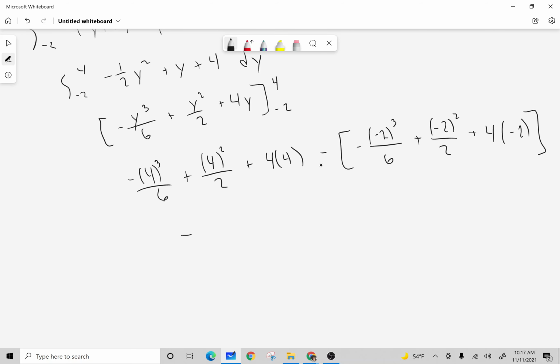Okay, and this is going to be -64 over 6 plus 16. What is this? 16 over 2, which is 8, plus 16, and then minus. No, plus. This is 8 over 6, which is 4 over 3, minus 4 over 2, which is 2, and then minus 8.